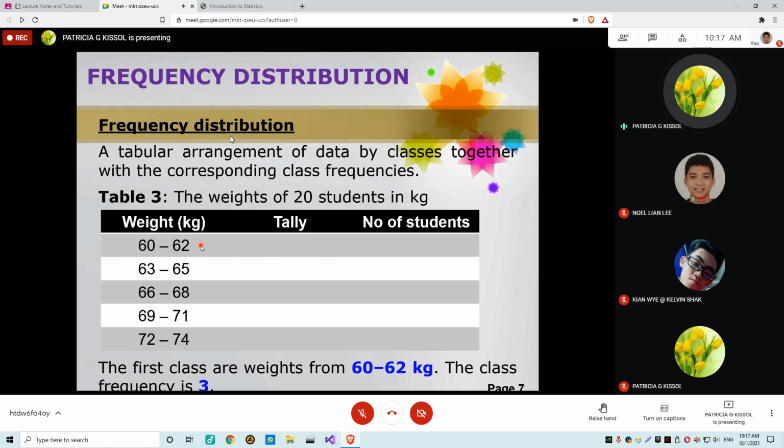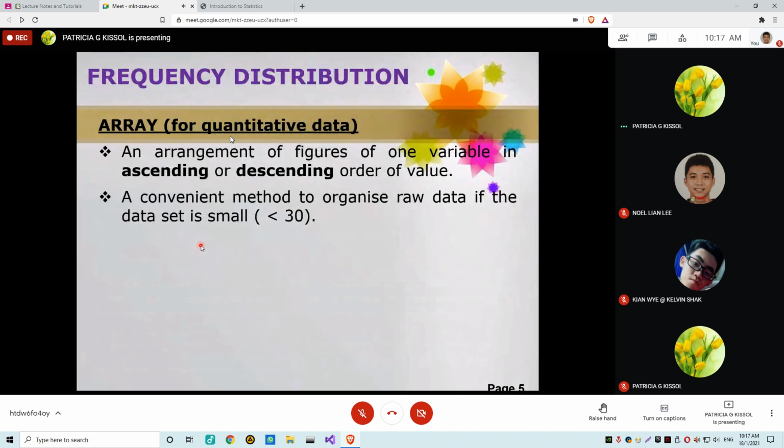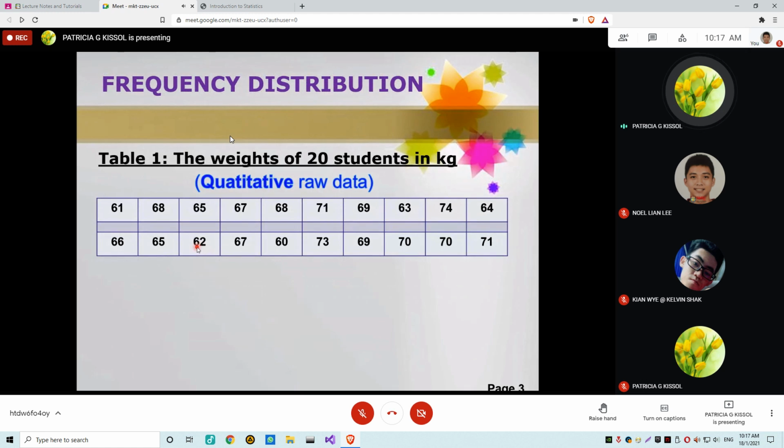So if I go back to the slides earlier, from table number 1, you can see the smallest one is 60, isn't it? And the biggest value is 74. So we got the range from 74 minus 60. That's your range. But now we go into more detail in the construction of the frequency distribution.